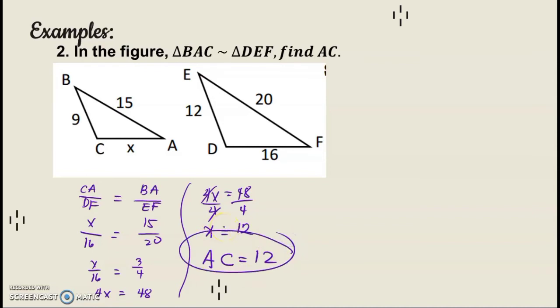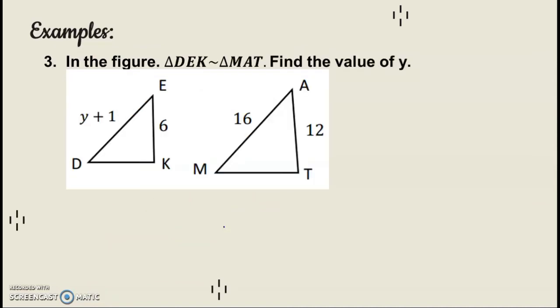Okay? Next. So number 3. Triangle DEK is similar to MAT. Find the value of y. So, sulat muna tayo ng proportion. So, DE over AM is equal to EK over AT. Tama? Okay, so, y plus 1 over 16 is equal to 6 over 12. O, lowest term na lang muna.